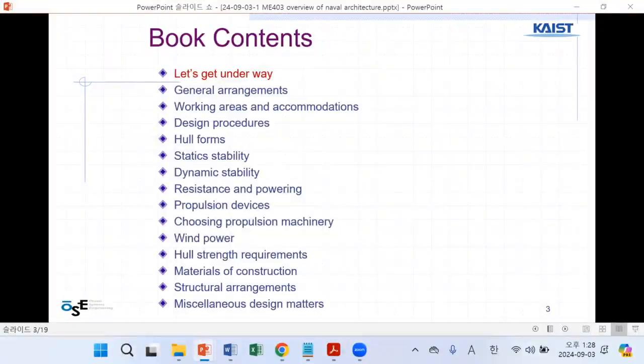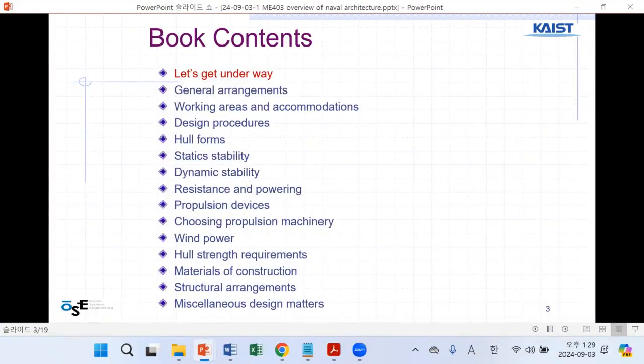How can you design the outer skin so that it can override the waves and turning. And static stability is very important. Otherwise, the ship is capsized. Korean students know about the Sewol ferry accident 10 years ago. Stability is important, but the ship is running, not staying, right? So they're divided into static stability and dynamic stability.